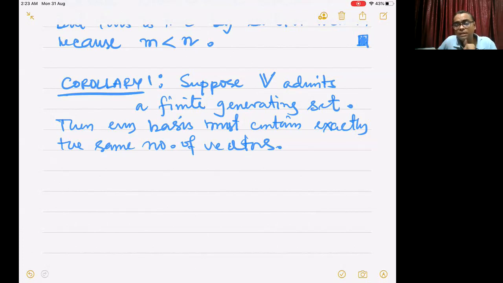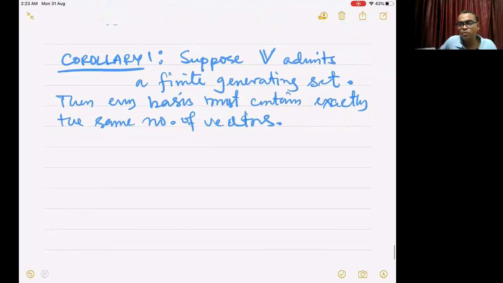Which means by the theorem, n2 must be less than or equal to n1, right? Secondly, because B2 is a basis, it is a generating set which has n2 elements, and B1 is a basis, so linearly independent, which has n1 elements. So n1 must be less than or equal to n2. So I have n2 less than or equal to n1, n1 less than or equal to n2. That means n1 must be equal to n2.